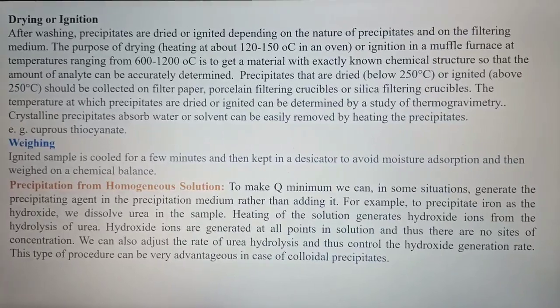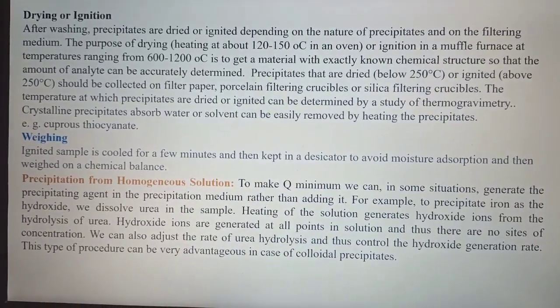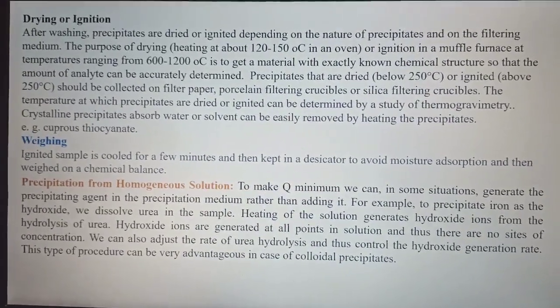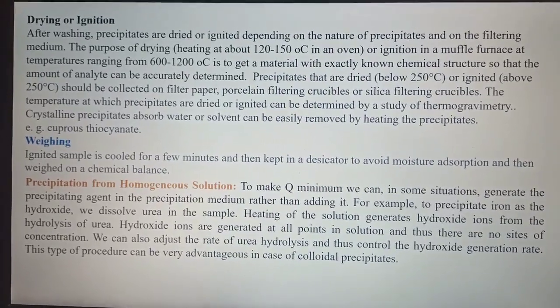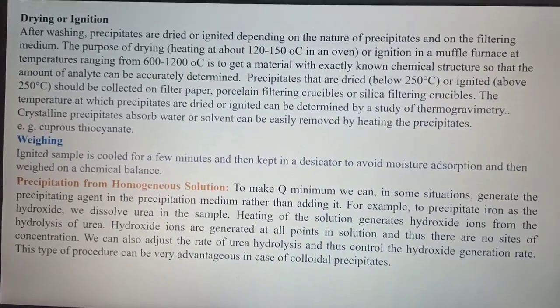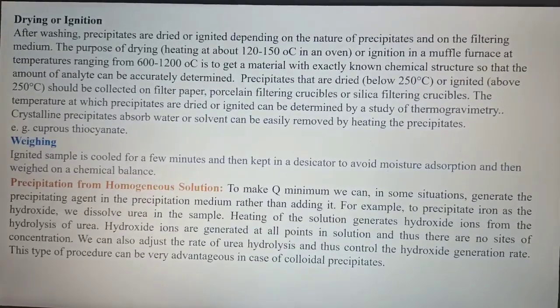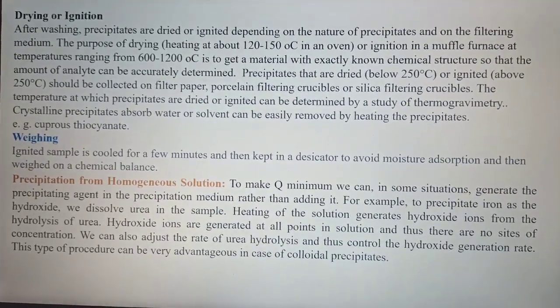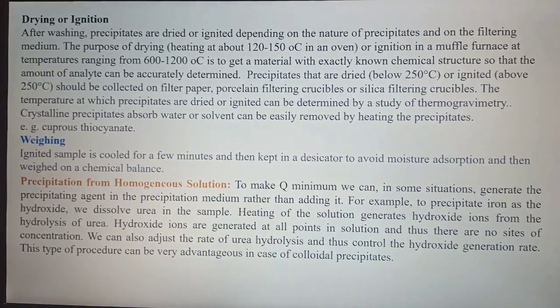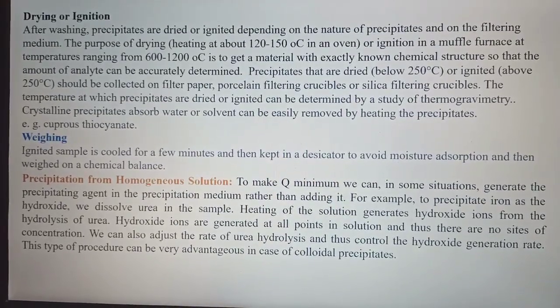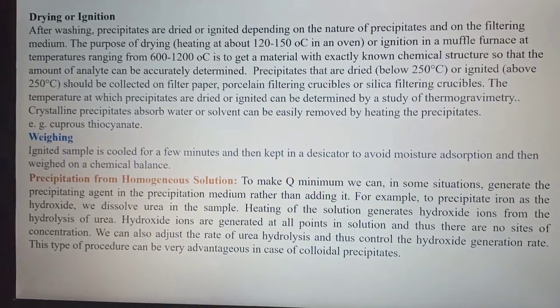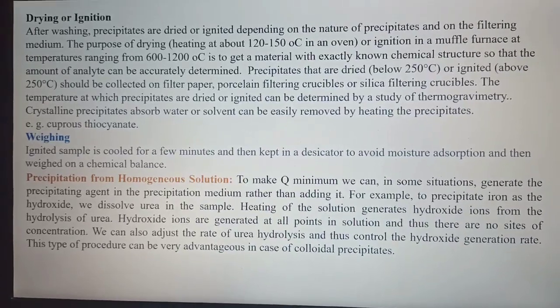In drying or ignition, the wet material is first dried by using a hot air cone. After that, it is subjected to removal of moisture. Once the moisture is removed, a previously weighed crucible is taken.